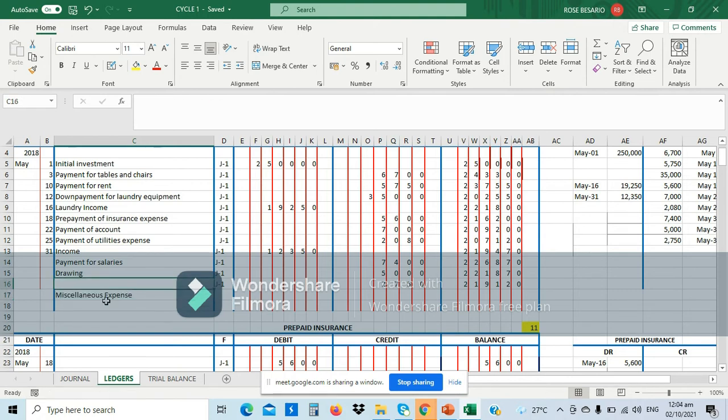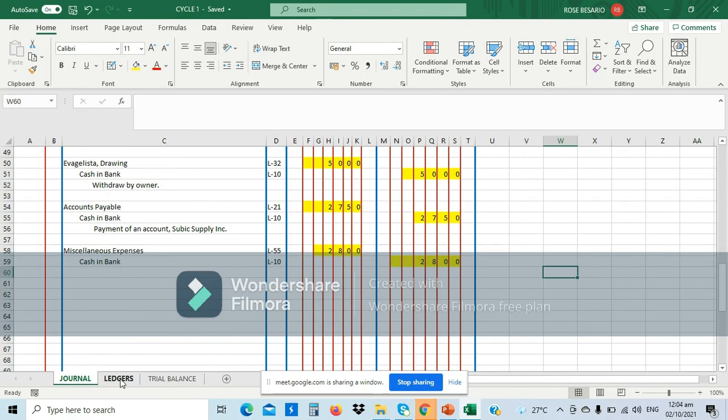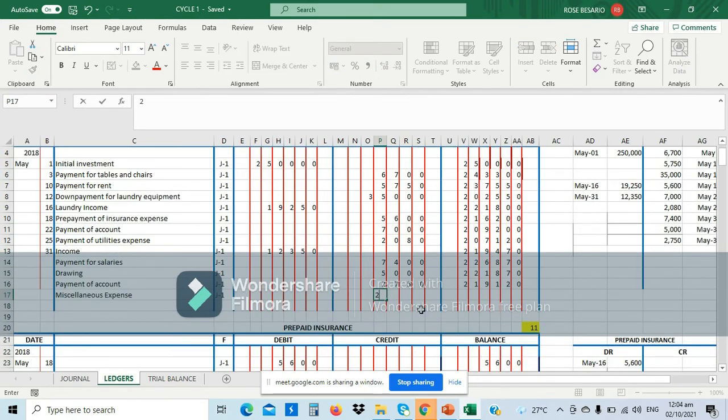This is payment of account. So J1 miscellaneous expense of 2,800. So our new balance now, minus 2,800, is equal to 2,16320.